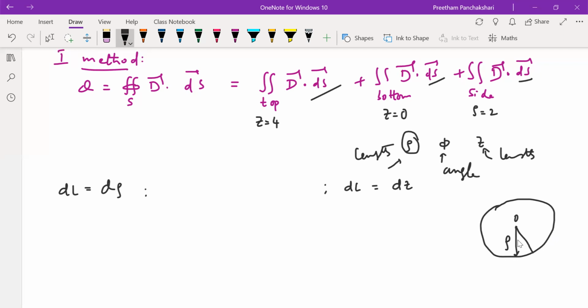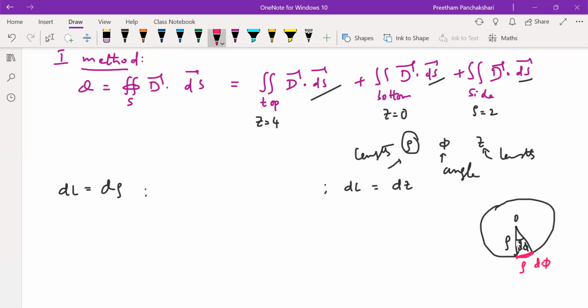When the angle changes by d phi, this defines a change in length, that is the arc. This length is rho into d phi.